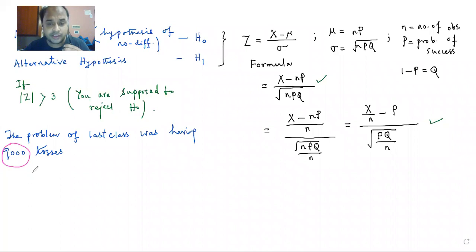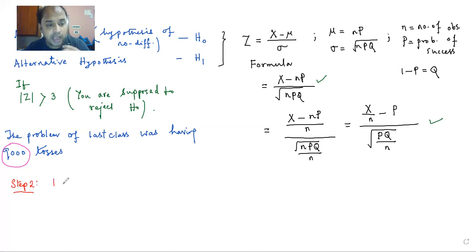Now in hypothesis testing, here is the important question that we need to find out. First of all, I gave you some steps of hypothesis testing. I told you that if you get a problem, you first have to design the null hypothesis and the alternative hypothesis. And in step number 2, you have to select an appropriate formula.